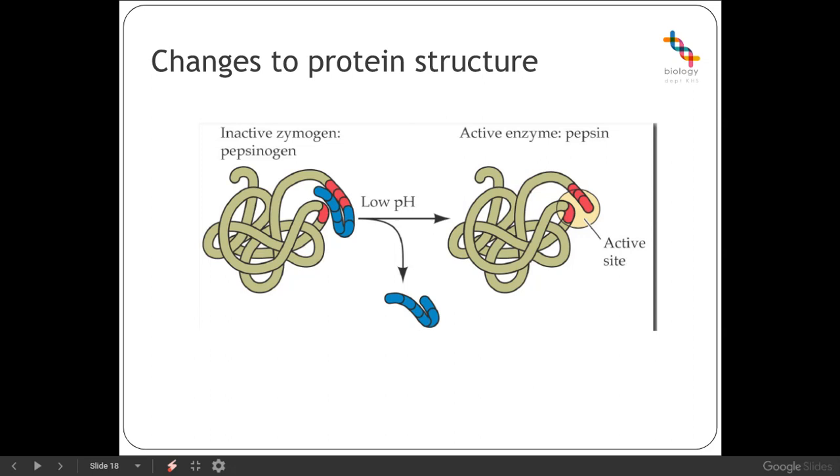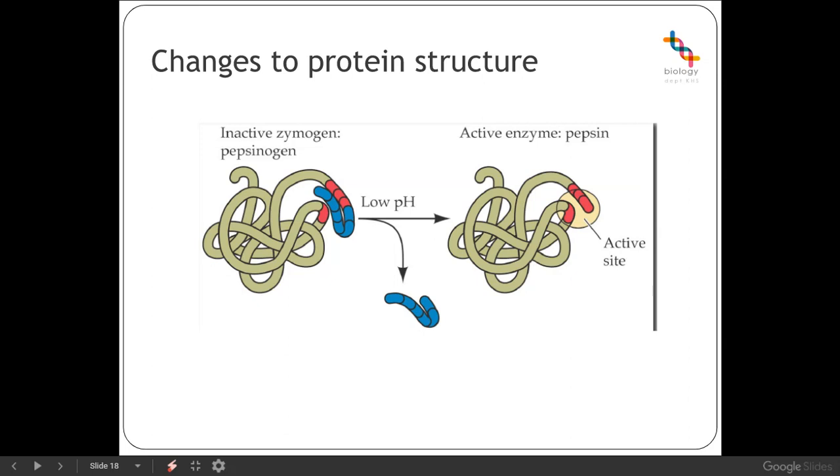However, often that is actually useful for the organism. The example here is the enzyme pepsin. Pepsin is an enzyme which digests protein, but it cannot obviously be released in its active form, or it would start digesting all of the cell membranes around it. As a result, it only needs to be activated when it reaches its final site, and this happens to be when it is in the stomach.